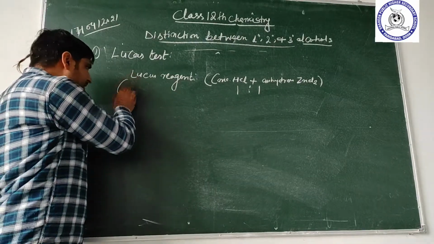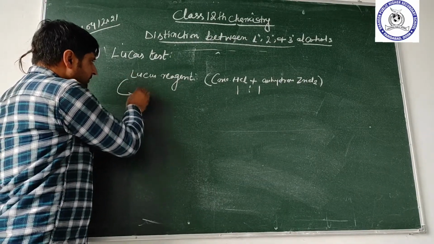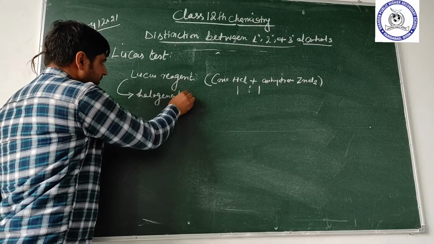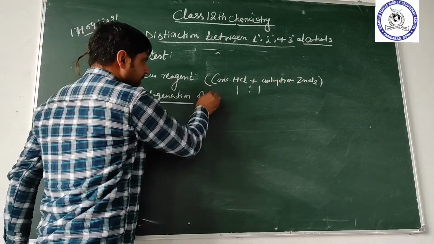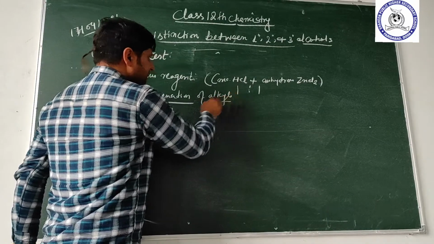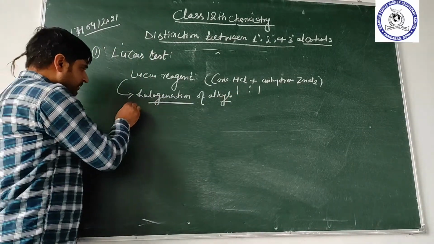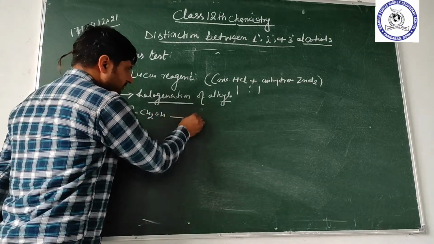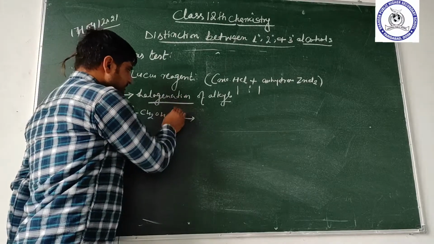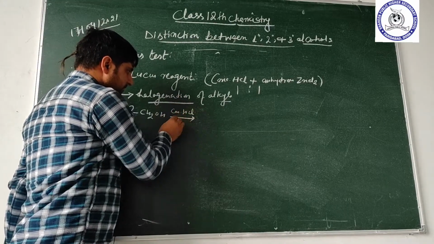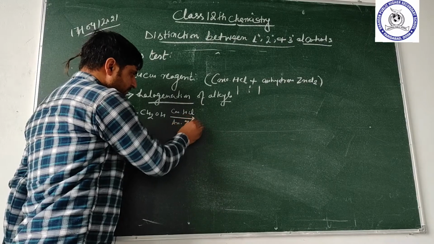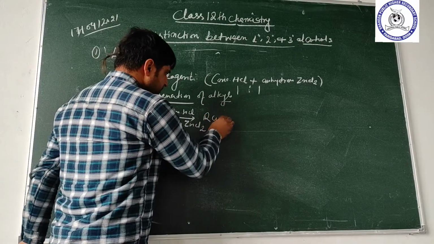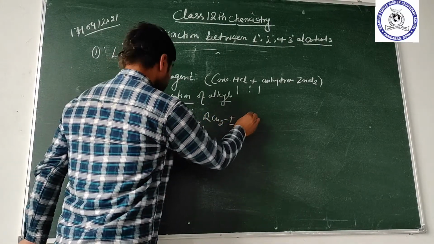This reagent is basically used for halogenation reaction of alkyls. In this reaction, when primary alcohol reacts with Lucas reagent, that is concentrated HCl plus anhydrous zinc chloride, it gives RCH2Cl plus H2O.